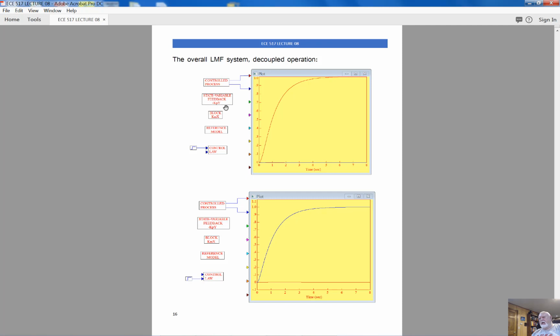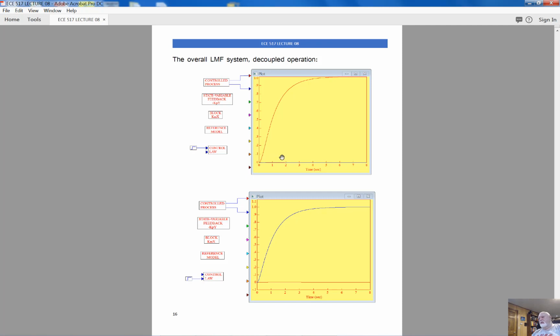I have this block that connects our system to the reference model. It has Km times x. This is the reference model itself, and this is the control law. If you remember, the control law had 2 inputs, R1 and R2. Right now, I'm applying a step to the input R1.